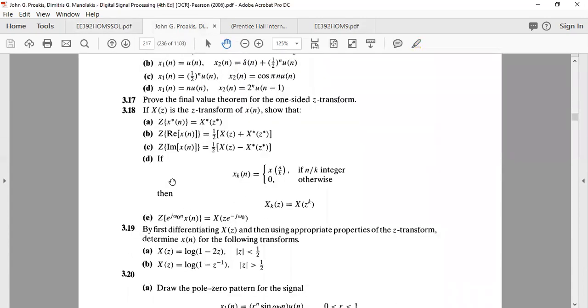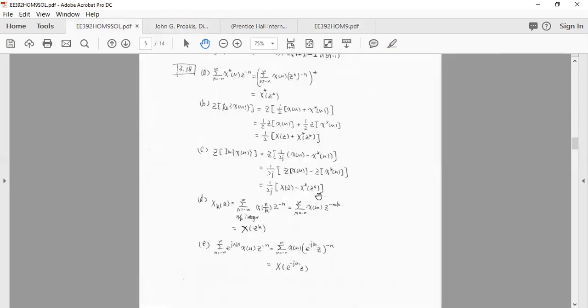Then part D: if x_k of n, the kth value of x of n, is equal to x of n upon k if n upon k is an integer value, 0 otherwise, right? So based on this, again just using the simple definition of z transform, we can directly substitute that.